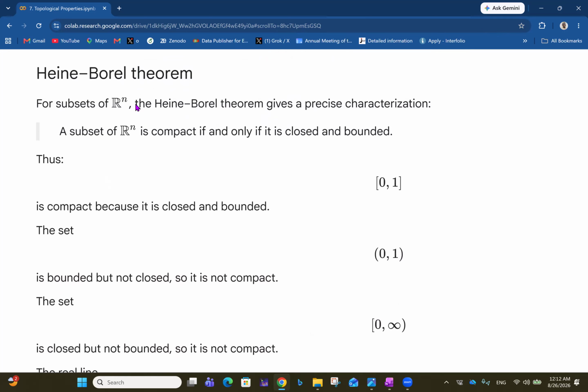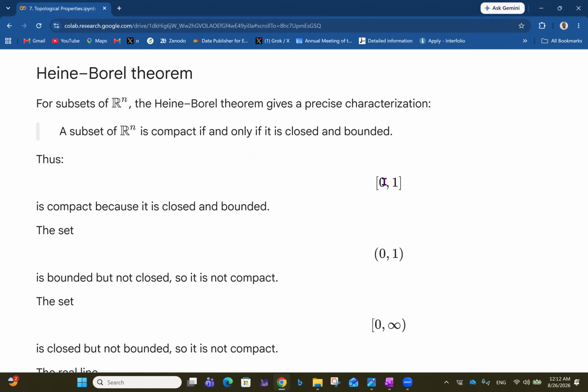For subsets of n-dimensional real space, the Heine-Borel theorem gives a precise characterization: a subset of R^n is compact if and only if it is closed and bounded. So open intervals will never admit that, but closed intervals do.